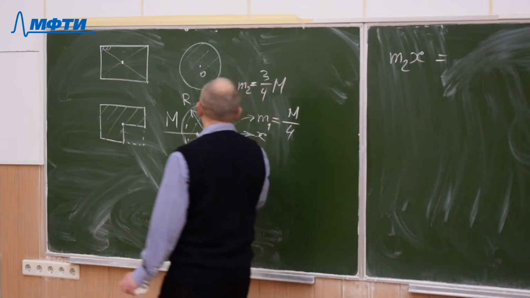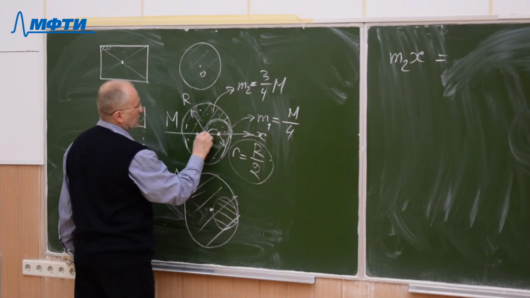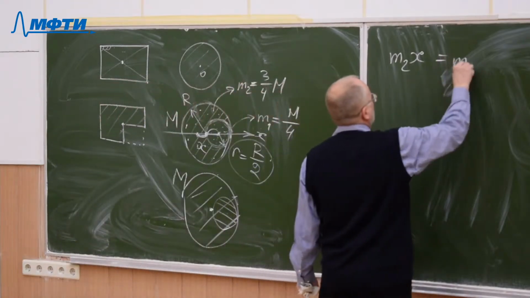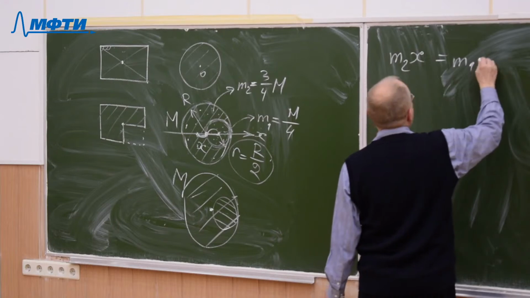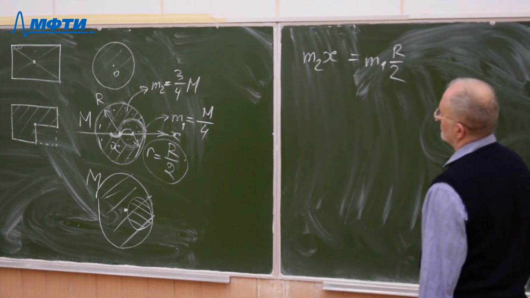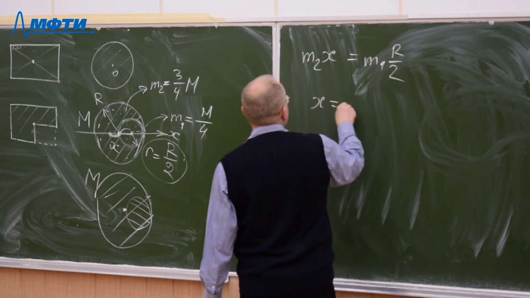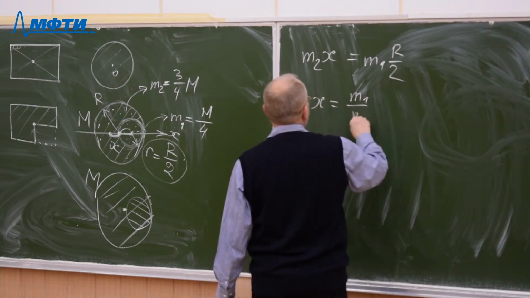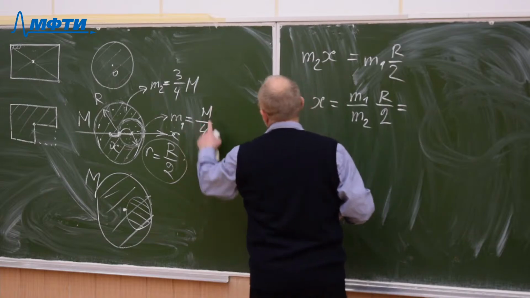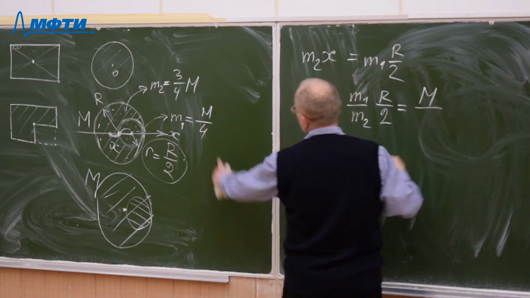equals the center of mass, which is the coordinate r/2, of the cut-out body, m1 times r/2. So this distance x can easily be found as m1 over m2 times r/2. What is m1? We know this is m/4.